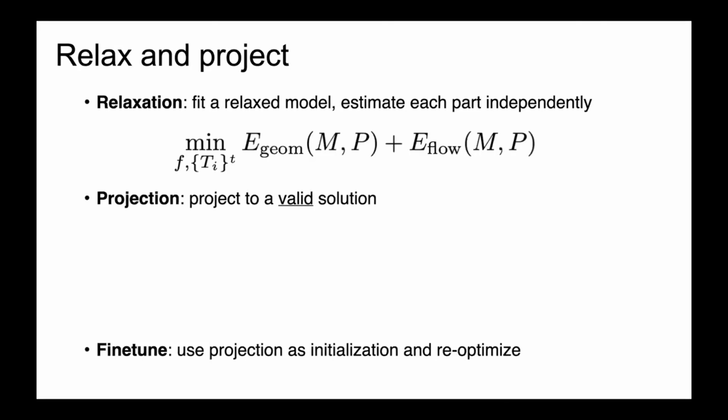So the relaxation is we're not optimizing over the kinematic tree. We are not using screw parameters here. We are actually using free-form transformations denoted by T_i, and we're just optimizing this function. This gives us the motion of each part and the part segmentation.